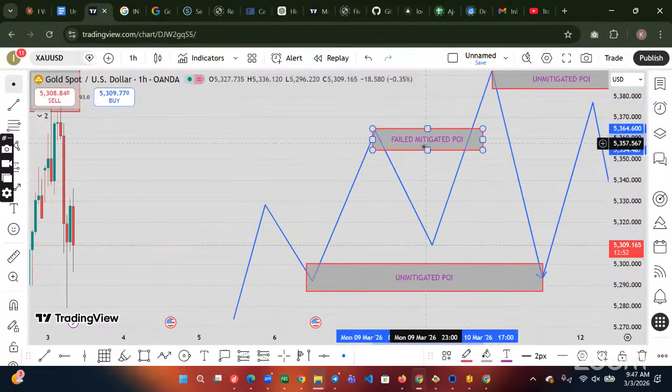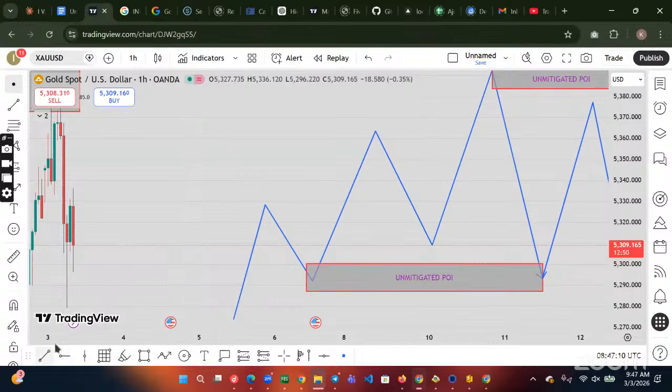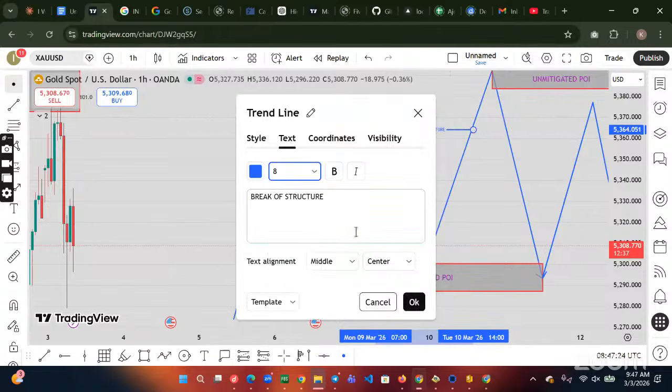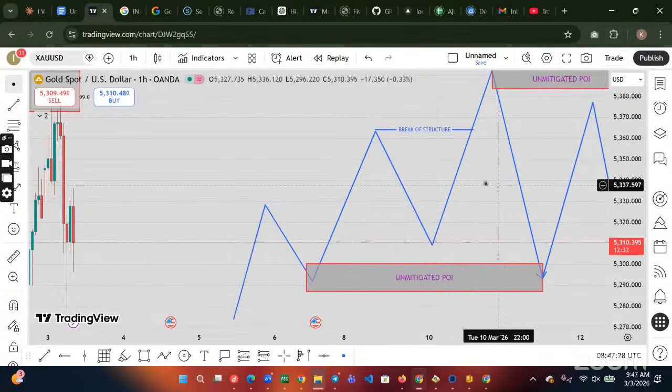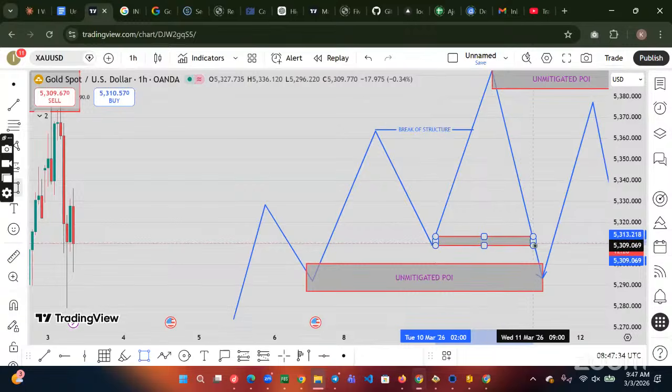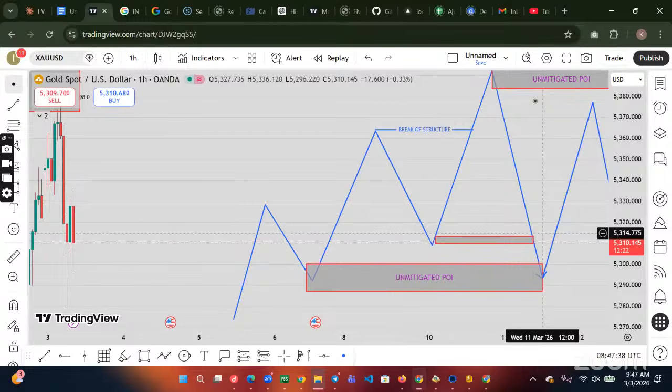Notice where you have this break of structure over here, where you have this break of structure, you have certain key levels. Now, key levels is different from POI.